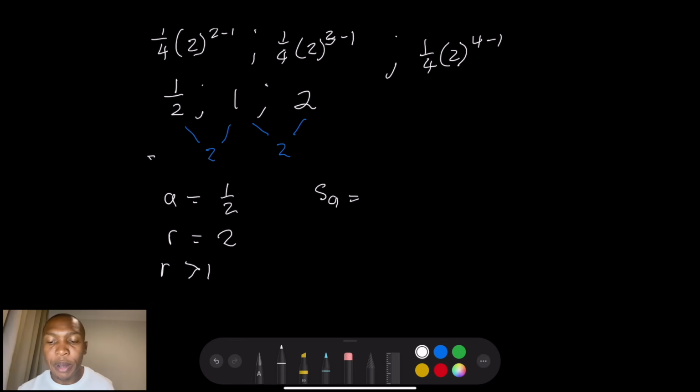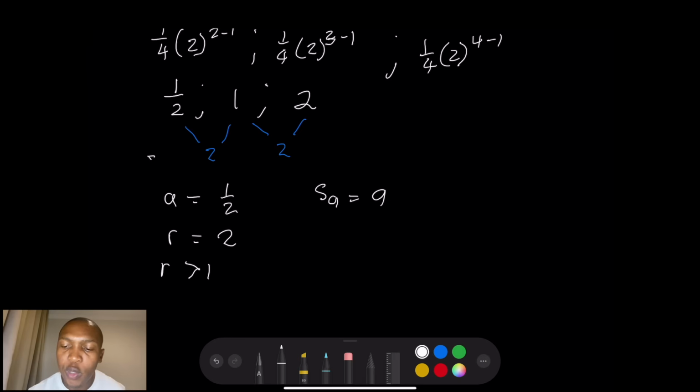Okay, so you remember the formula for the sum of your, what do they call this? There's the name, geometric series. The name just simply slipped out of my mind.